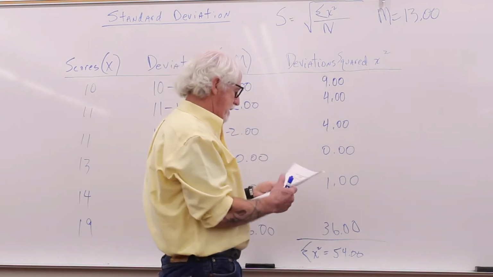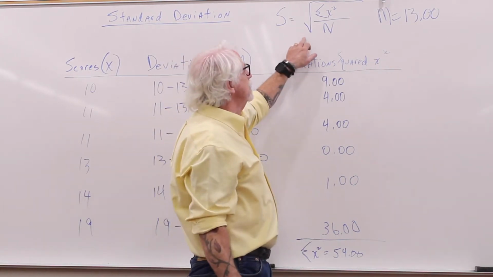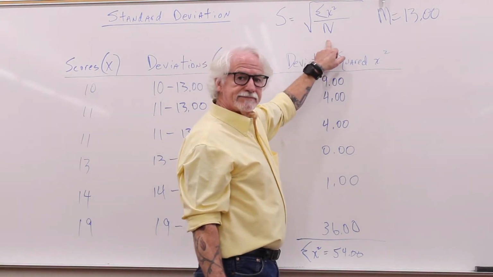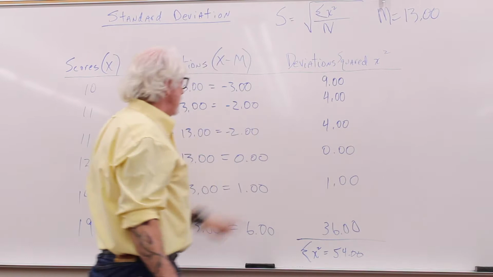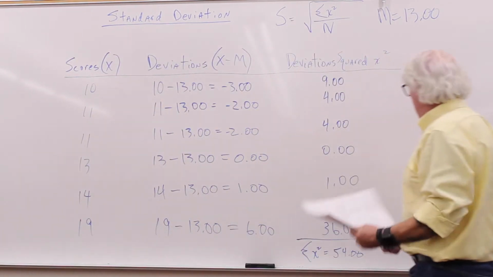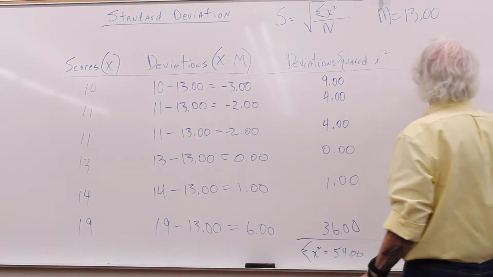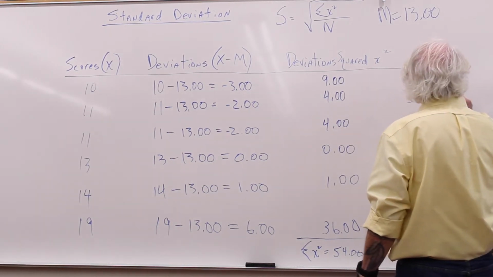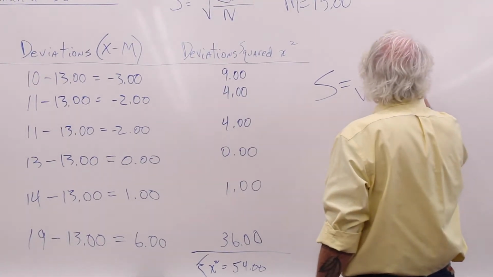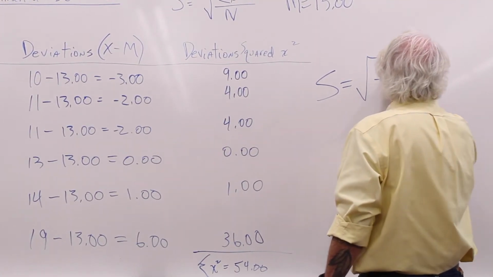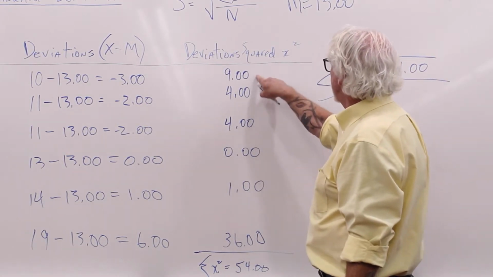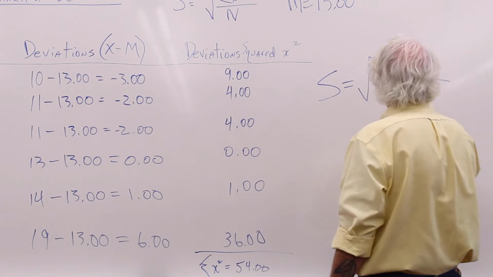And here's our actual formula for the standard deviation. Standard deviation is the square root of the sum of x squared over n. So we did all of this to come up with our sum of the squares. Here s is equal to the square root of 54.00 over n, which in our case is 1, 2, 3, 4, 5, 6.